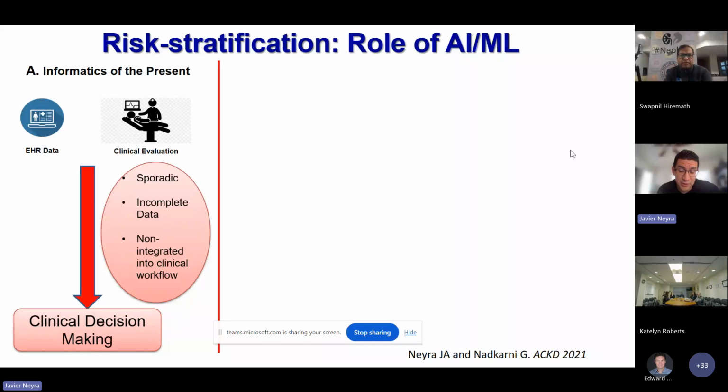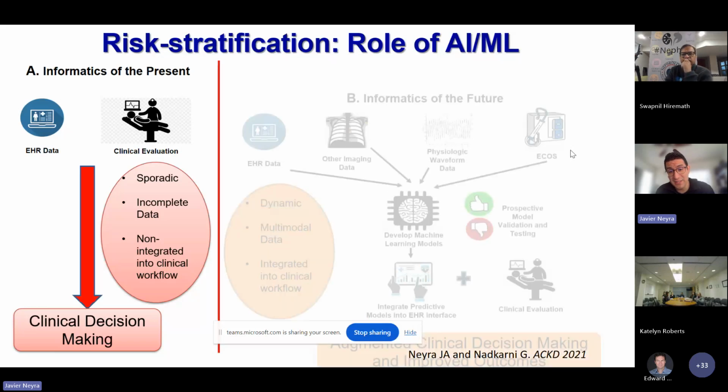But we do it very sporadically, right? You are going to go on rounds today, and you're going to evaluate the data that is available as of now. A lot of the time, you will have incomplete data points, and certainly your evaluation is not linear and not integrated into a clinical workflow. Sometimes you need to reassess certain patients that need extra help during the day. And this is how we make decisions.